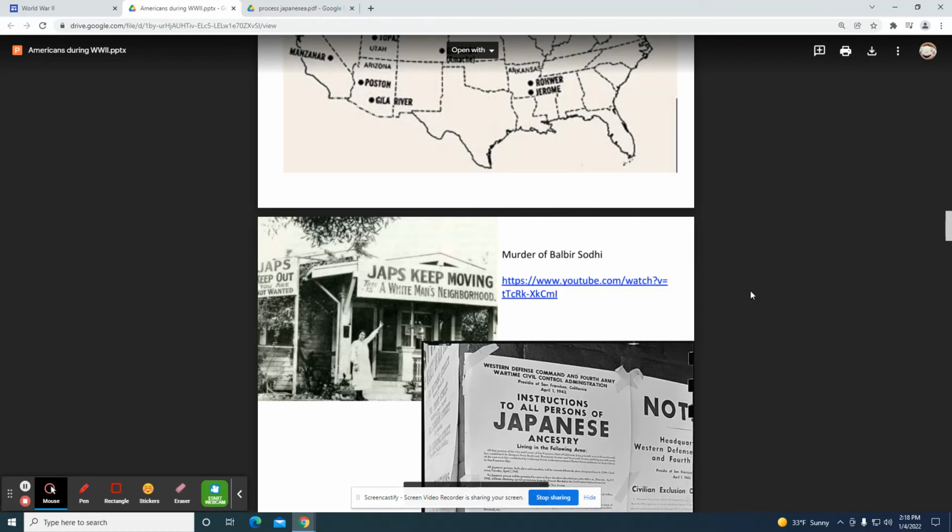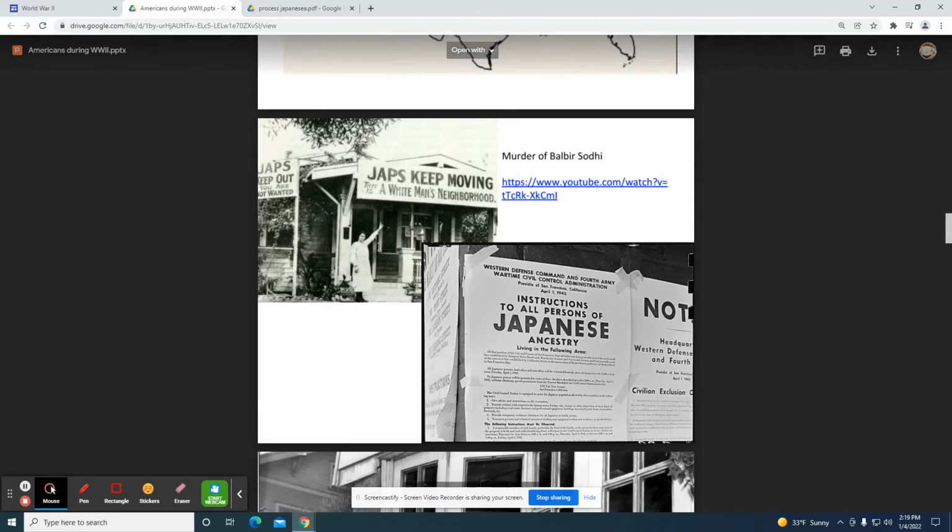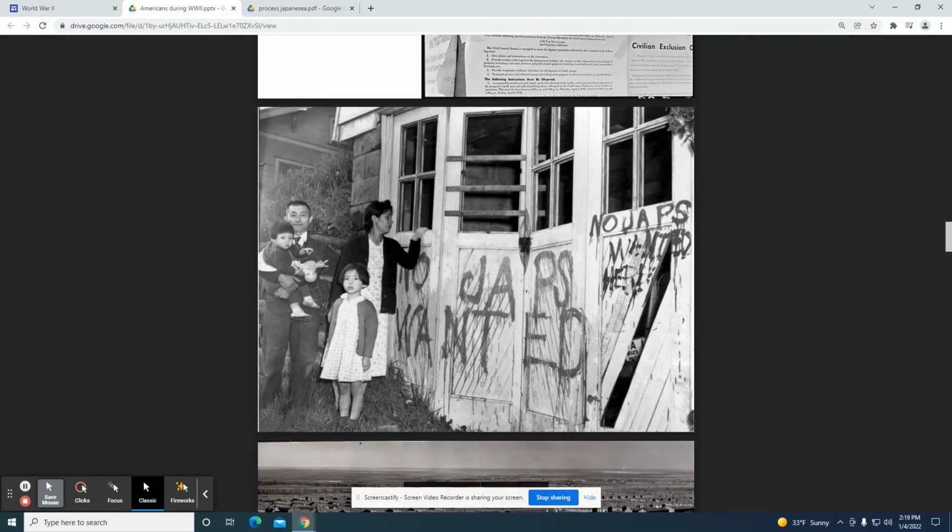So when we go back to the PowerPoint slide, that's why I included this section here. Keep moving. This is a white man's neighborhood. I would not feel comfortable being this individual's neighbor if I was Japanese American. So the government seems to be doing this for their own protection from people like this, as well as because, from the government's point of view, they don't necessarily know if every Japanese American citizen is going to hold an allegiance to Japan or to the United States.